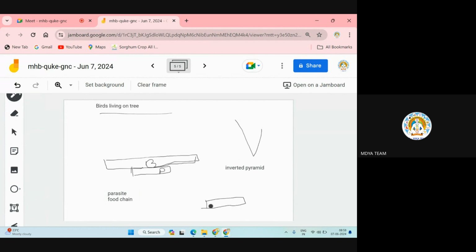For example, if you are alone and you have typhoid or malaria, lots of malaria protozoa will be inside that human. So the parasite food chain will always be inverted. There will be one host, and within that host, there will be lots of parasites feeding on the host. Understood? Yes, yes.